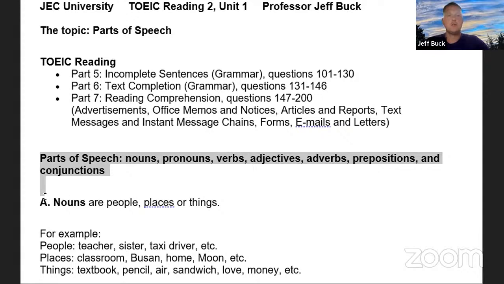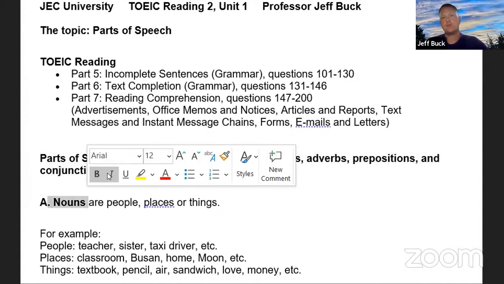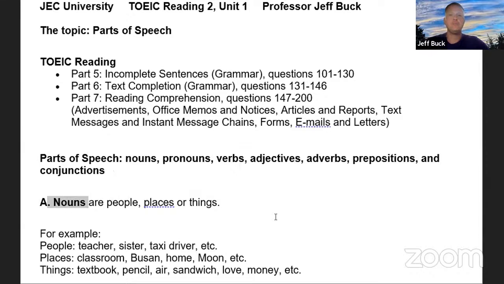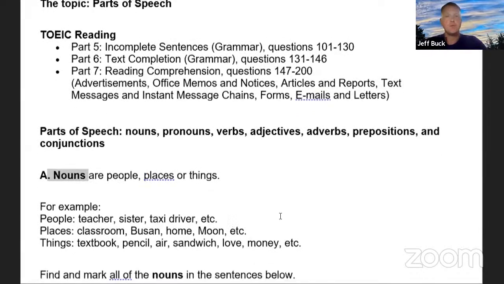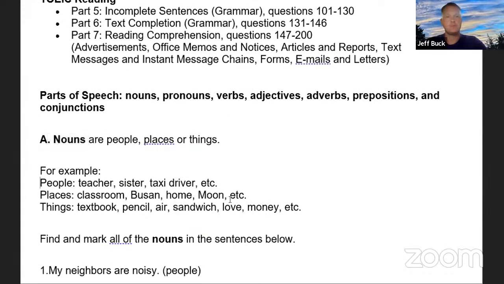All right, so nouns. What are nouns? What are nouns? Nouns can be people, places, or things. That's important to remember. So here are some examples.